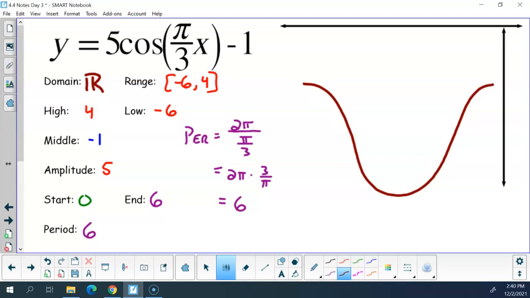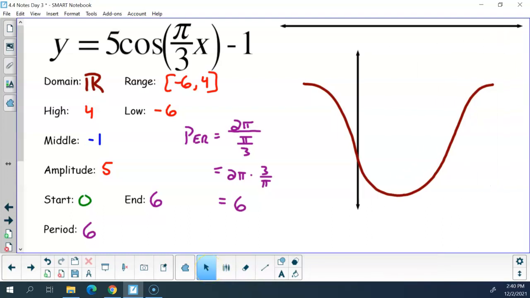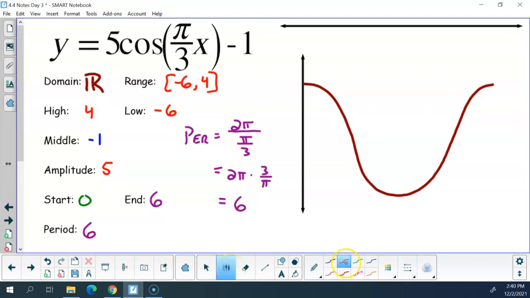My vertical axis there. So my middle, we say -6, 4. My middle is -1.